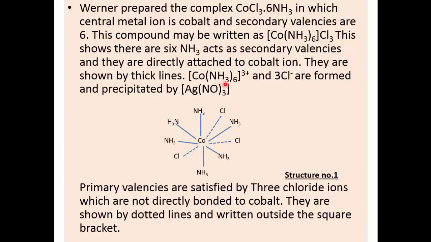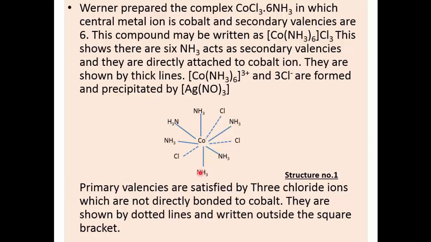This is the cation. The secondary valencies, ammonia, are attached strongly to the cobalt ion, and on this square bracket there is a 3 plus charge. This is the cation, and there are 3 chloride ions present outside this square bracket.